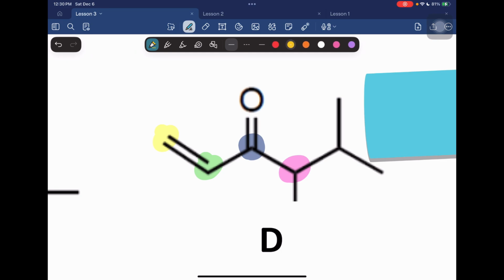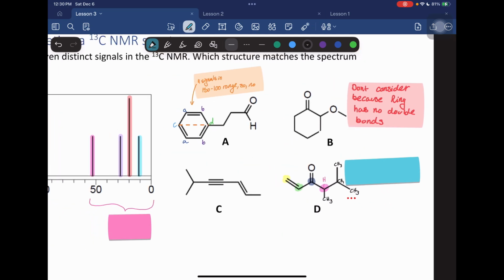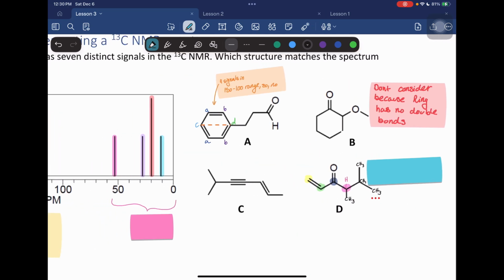So right here, our H, we only have 1 H, which makes sense as to why I would have the next highest frequency. Here we have CH3, CH1, CH3, CH3.